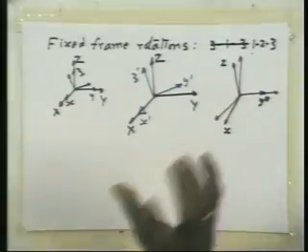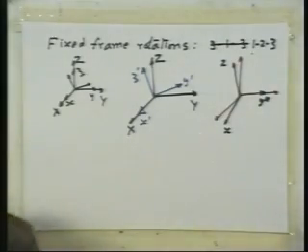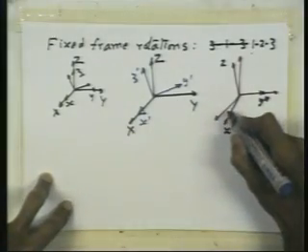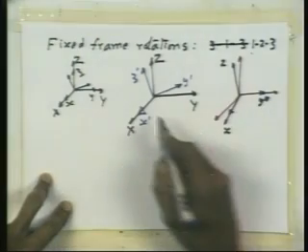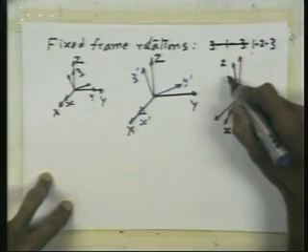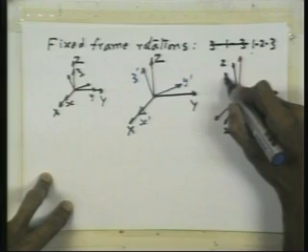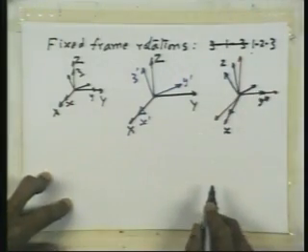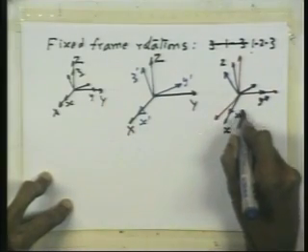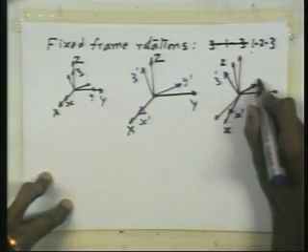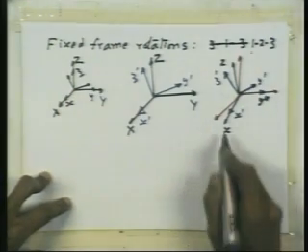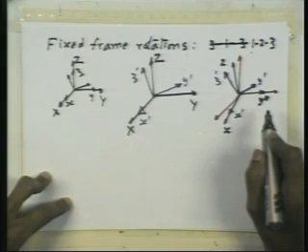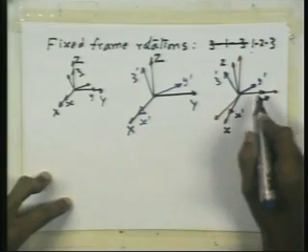Now along with this black frame, the blue frame has rotated, right? So its relationship with the black frame is the same. So what I show here is this x dash, and z dash is this, and y dash is this, right? So x dash, z dash, y dash, x, y, z.